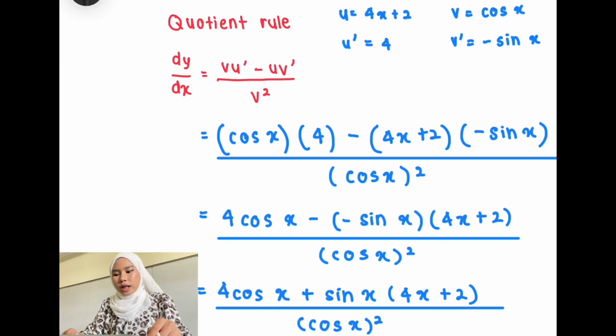To differentiate everything, we'll be using the quotient rule, which is dy over dx equals vu prime minus uv prime over v squared.